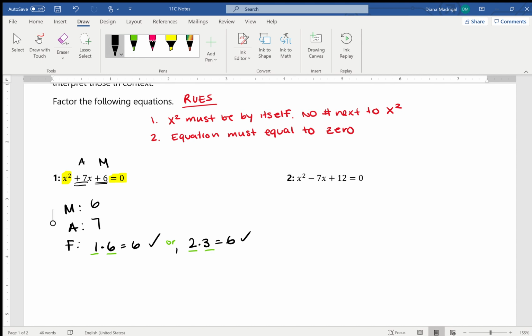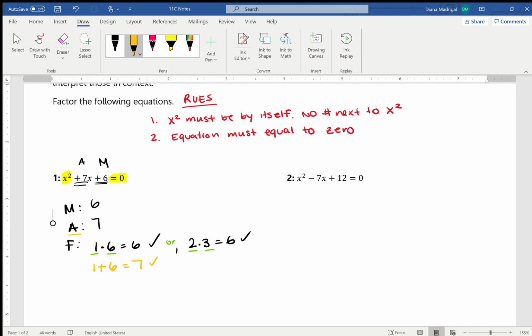There are no more factors that give me 6, so that's why I stop right there. The next thing I need to do is figure out which pair, either 1 and 6 or 2 and 3, adds together to get 7. So 1 plus 6 gives me 7. Oops, I was supposed to put 7 there. There you go.